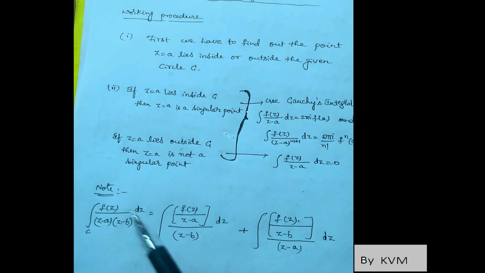So we can split this fraction as integral f of z by (z minus a) whole divided by (z minus b) dz plus integral f of z by (z minus b) whole divided by (z minus a) dz. So here the left hand side is equal to the right hand side. So while solving the problem you have to see this procedure.